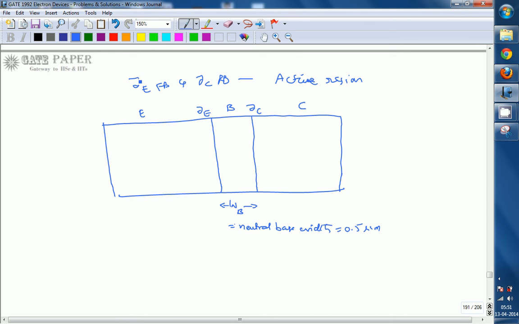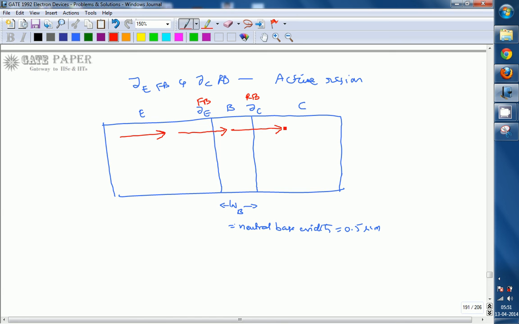For the active region, JE must be in forward bias and JC must be in reverse bias. Forward bias implies that the charge carriers from the emitter are moving in this direction and coming into the base, and a few recombinations may be possible, and they move into the collector side.